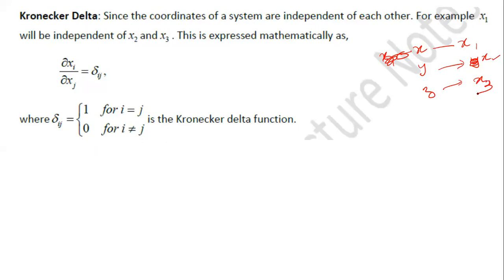So when we write del xi upon del xj, if i equals j, if i and j are equal.